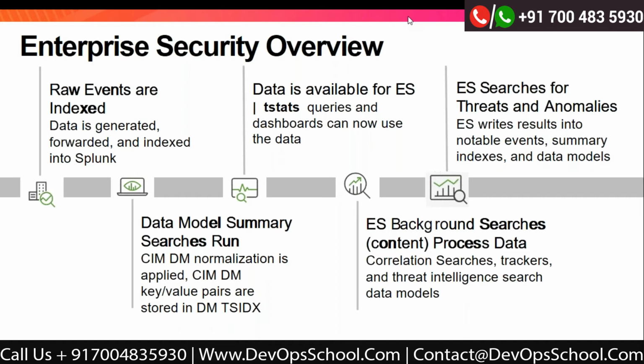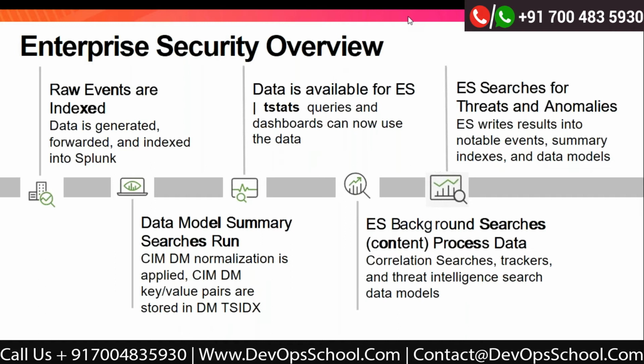If you have a very large amount of data and your reports and dashboards are really slow, you can normalize it first, map your data to the right data model, and then accelerate the data model.